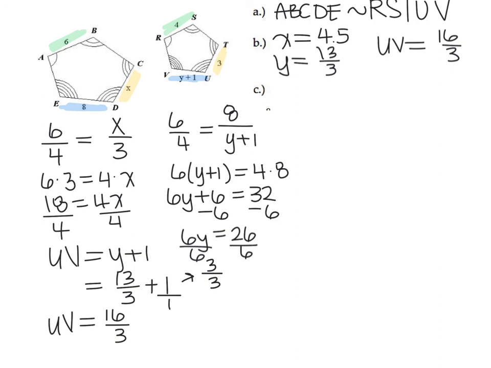So I'm just going to use AB over RS, so we get 6 over 4, which can be simplified. I can divide both of those by 2 and we get 3 over 2. So my scale factor is 3 over 2, or if I want to write it as a ratio, 3 to 2.